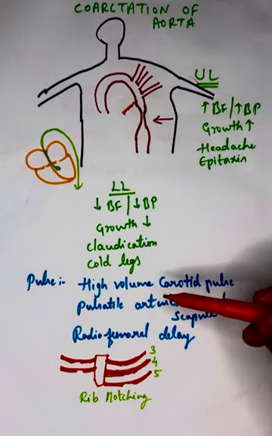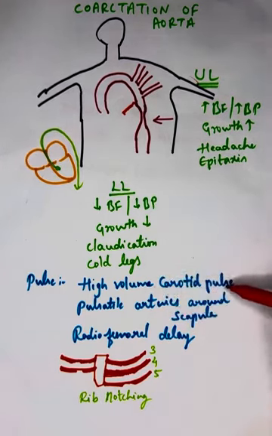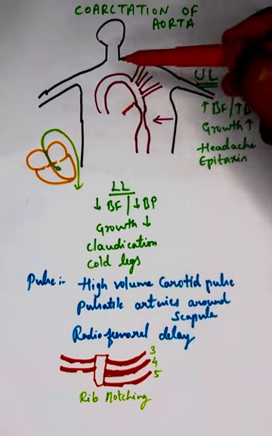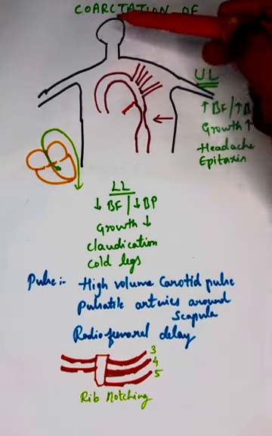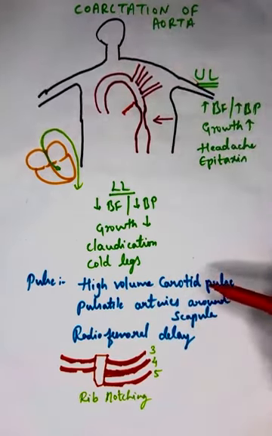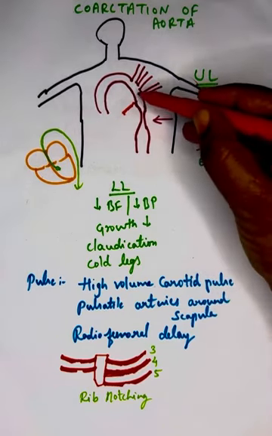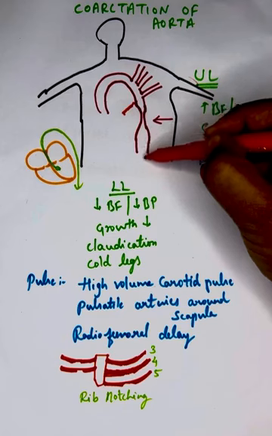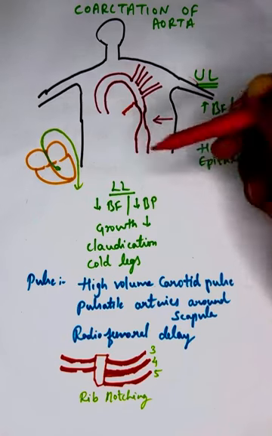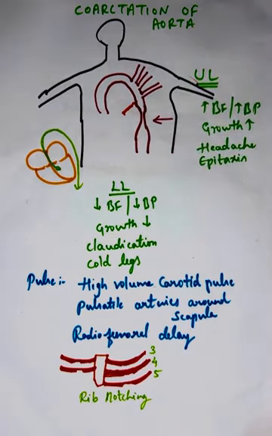Now, when you examine the pulse and check the carotid pulse, it will be a high volume pulse. As I told you, there's more blood flow to the head and neck area. And pulsatile arteries are found around the scapula. That is because the blood is not able to go from the arch of aorta to the lower extremities, so many collaterals will open.